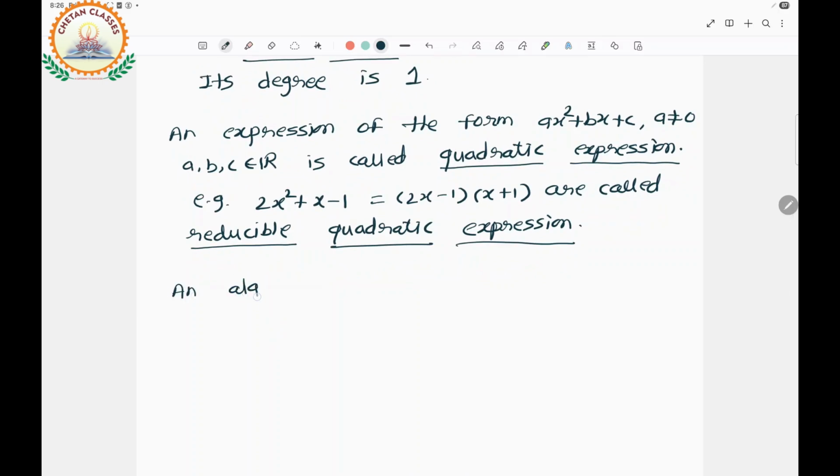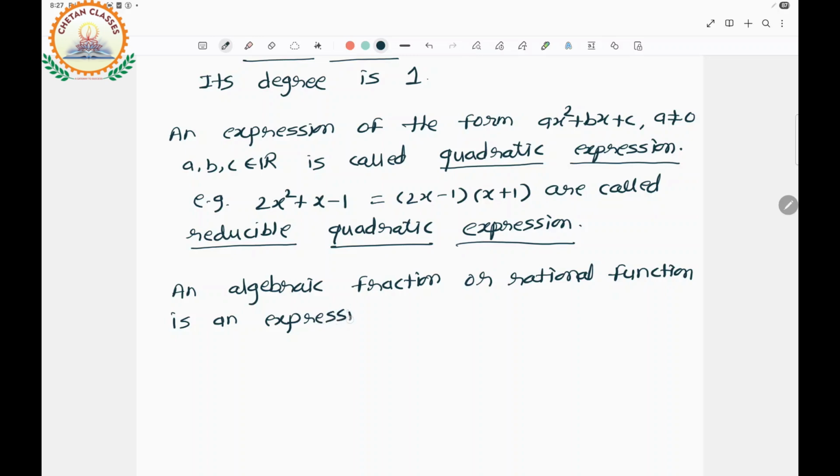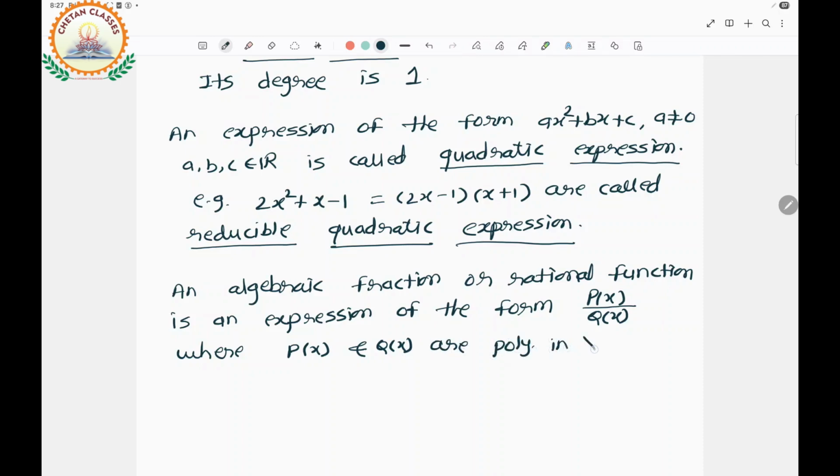Next, an algebraic fraction or rational function is an expression of the form p of x upon q of x, where p of x and q of x are polynomials in x.